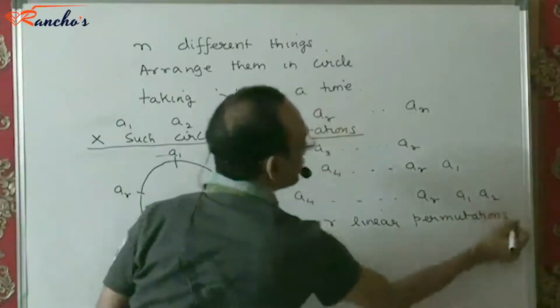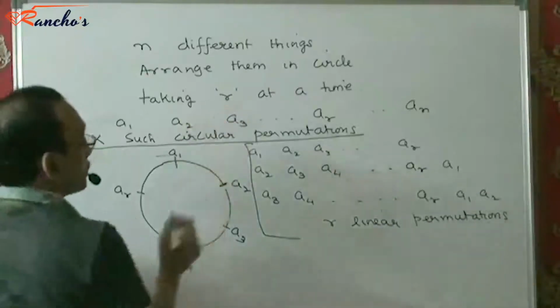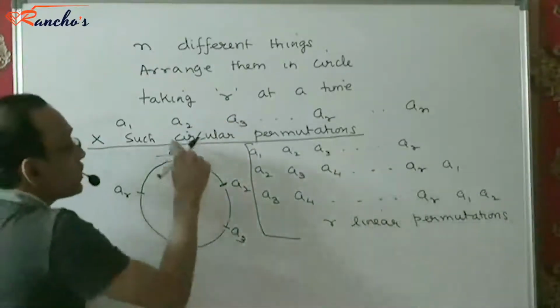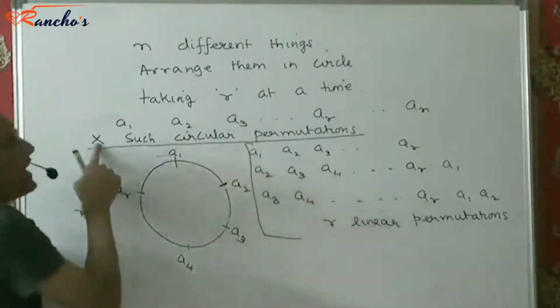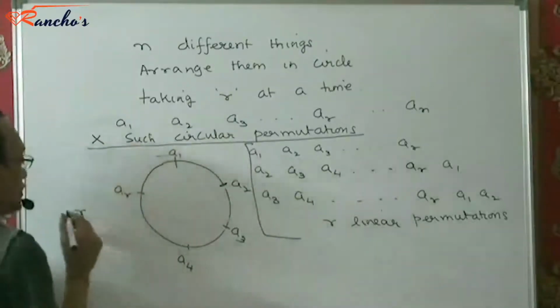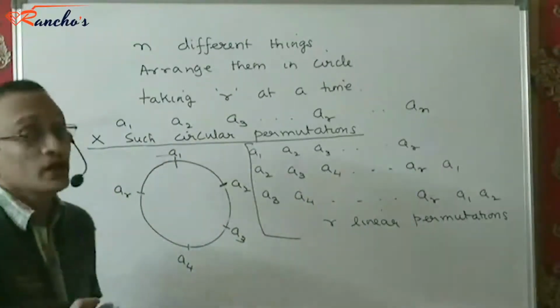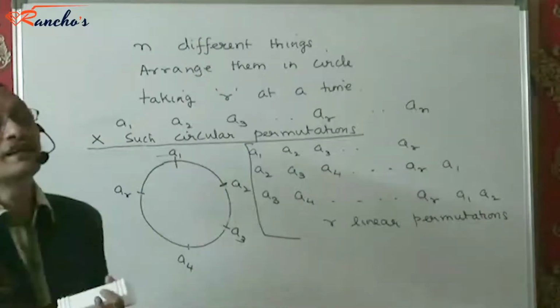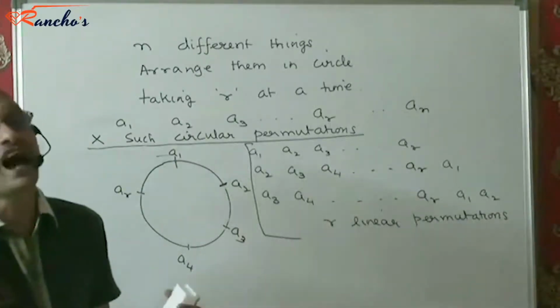Yes or no? Which means for each one of these circular permutations, I would have got r linear permutations. So for x such circular permutations, the linear permutations would have been x into r, and that would essentially be the number of linear permutations of n different things taken r at a time.